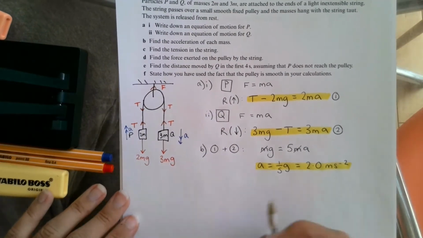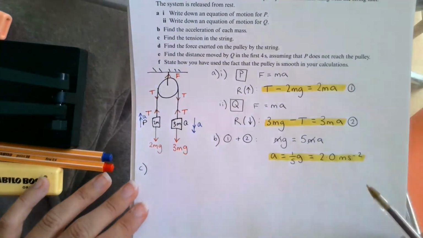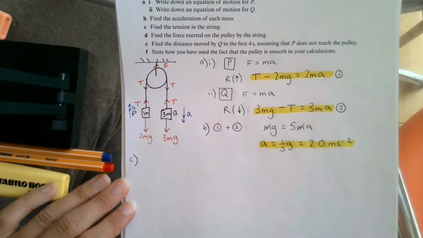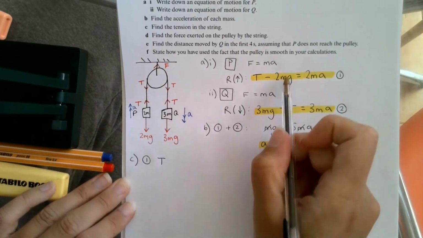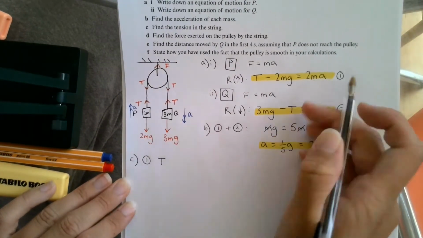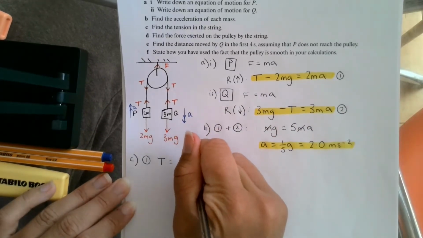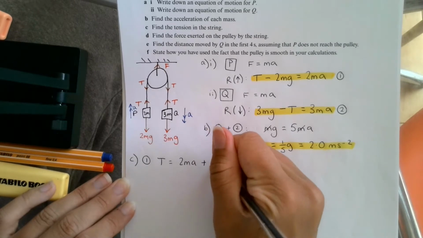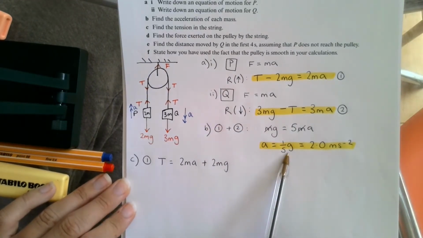Okay, part C then says find the tension in the string. Well, this is nice and simple. If I look back to equation 1, I've got tension. If I take that 2mg to the other side, the tension is equal to 2ma plus 2mg. And I know that a is 1 over 5g.